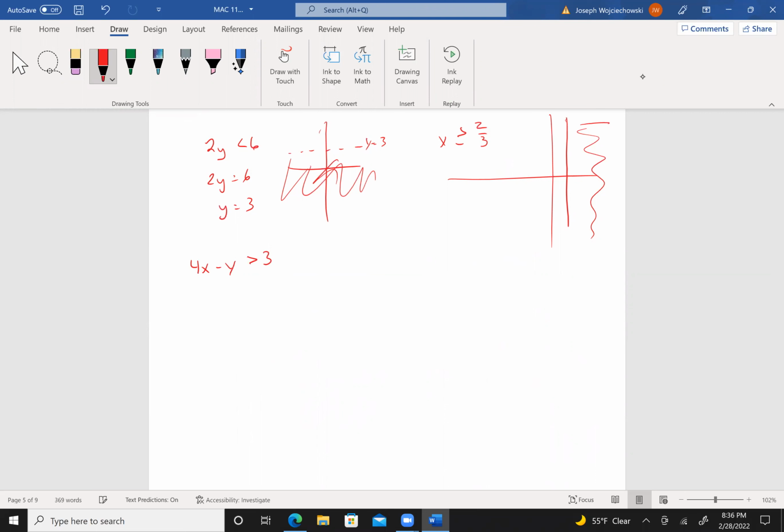Let's solve for y. Now I can bring y over here and subtract 3. Now I have y is, so rewriting this as y is less than 4x minus 3. So if we go to our calculator, this is where this gets neat.